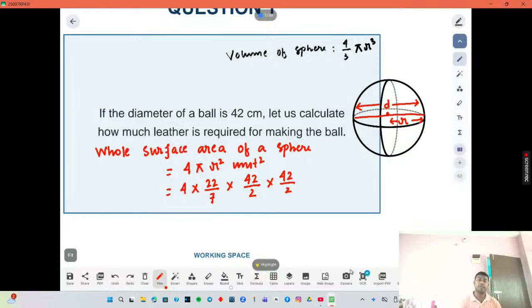But in the formula we have to find the radius in order to find the whole surface area. So here we will divide the diameter by 2 to find the radius of a sphere. So I have written 42 by 2, and after that I will write centimeter square.